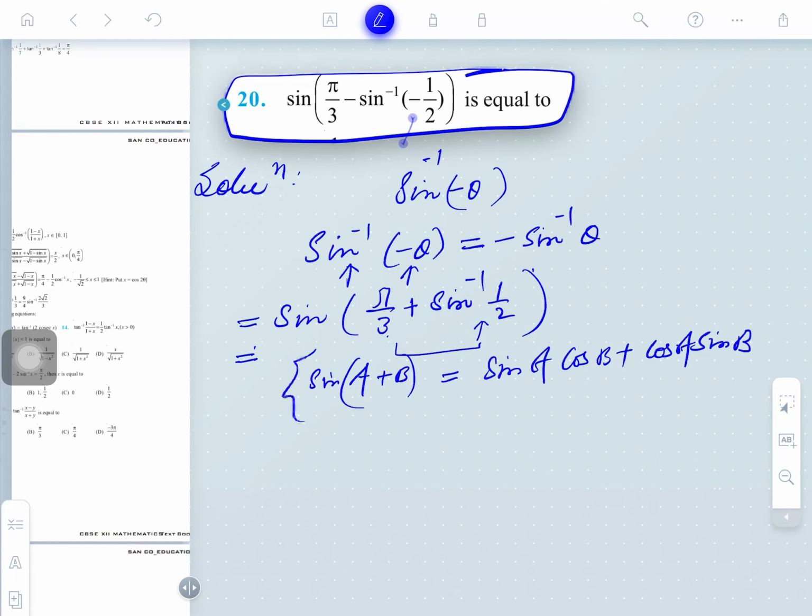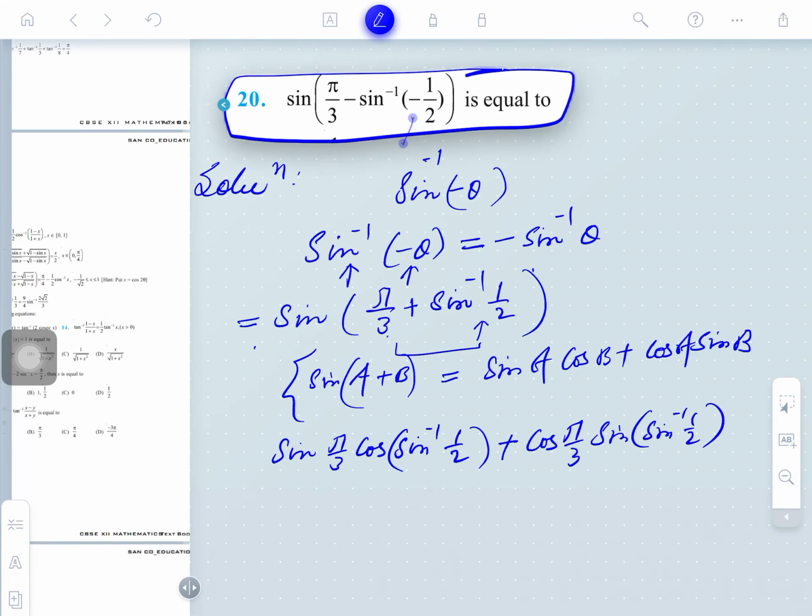This is the expression coming here. So further the expression can be written: sine a cos b, is that clear? Plus cos a sine b.